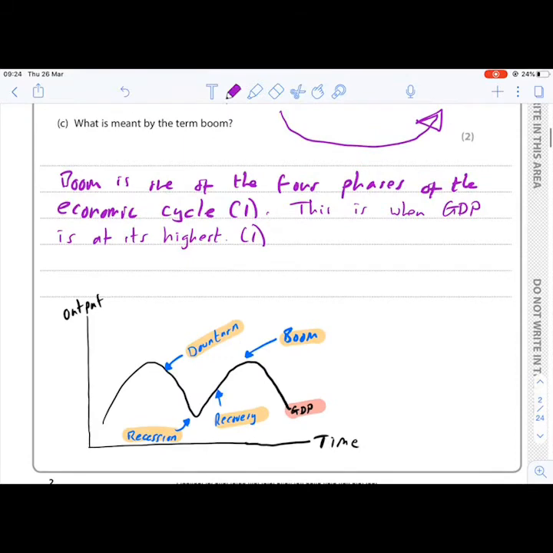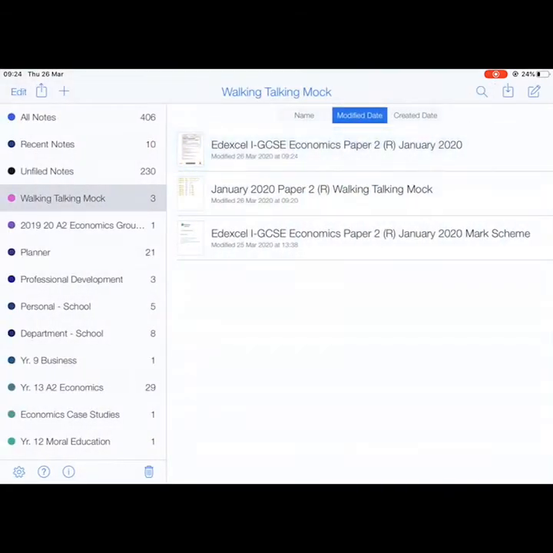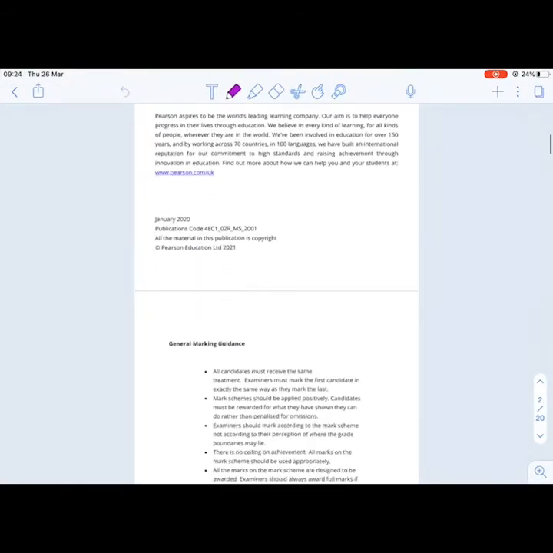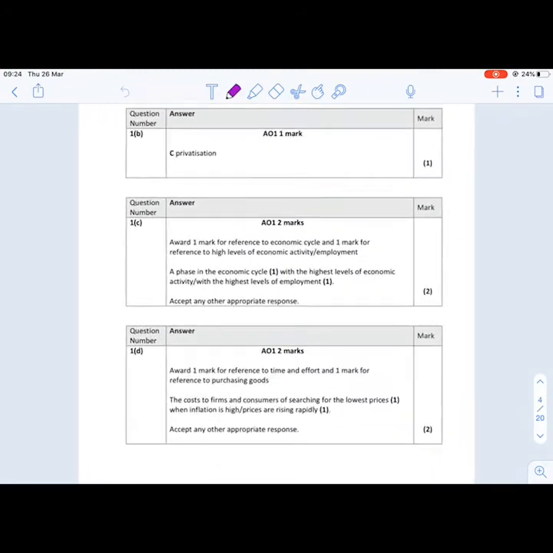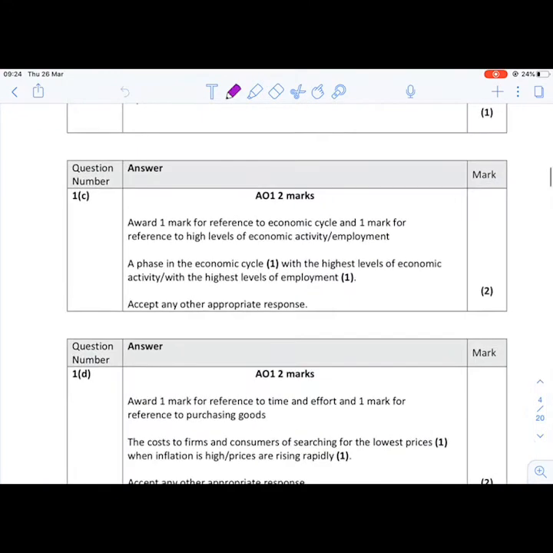Okay, let's just refer back to the mark scheme. And you can see the mark scheme has something very similar there. The mark scheme says a phase in the economic cycle for 1 mark with the highest levels of economic activity, which is the same as saying when GDP is at its highest.